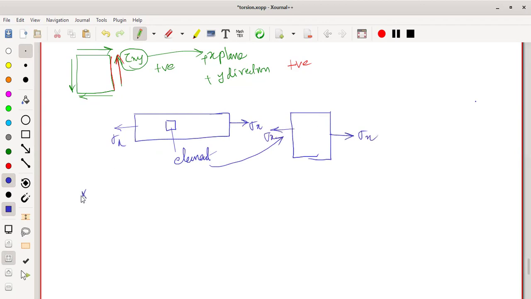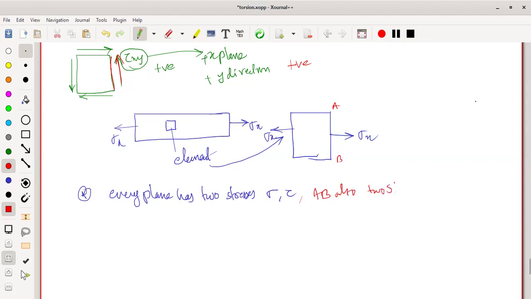One important point you have to note down here is that every plane has two stresses actually, those are sigma and tau. If you consider this plane AB, AB also has two stresses.